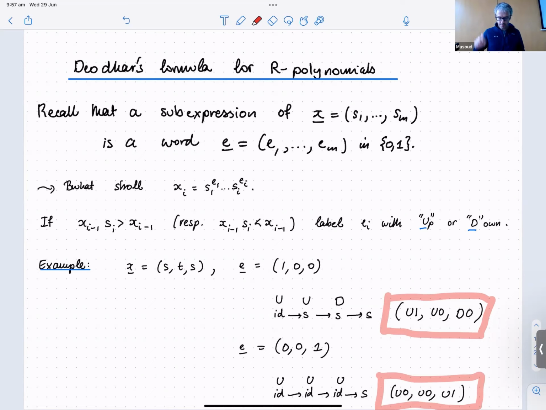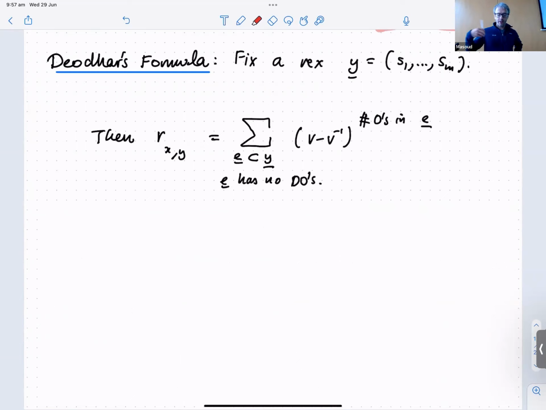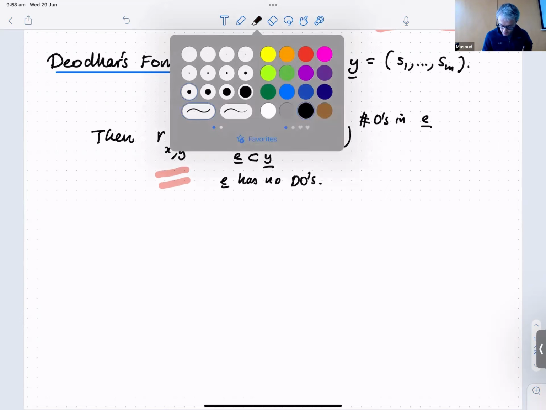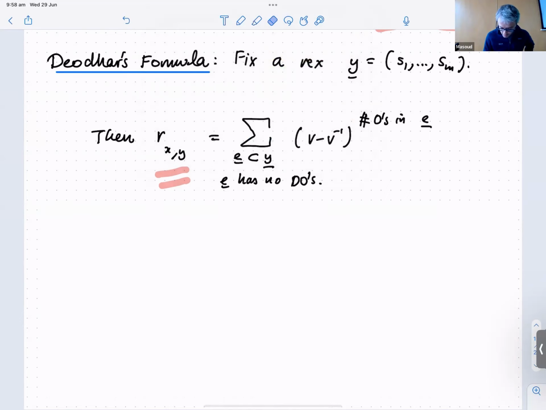Okay, so what's Deodhar's lovely formula? It says we fix a reduced expression for y. So we want to compute this R polynomial, R_{x,y}. We fix a reduced expression for y, and then we sum over all sub-expressions with endpoint x that have no down zeros.